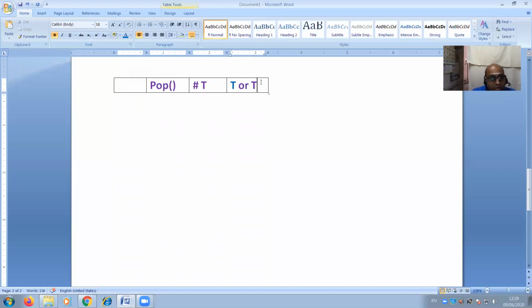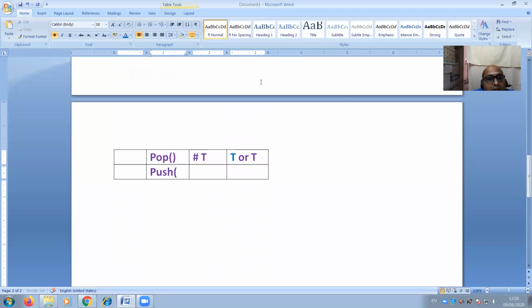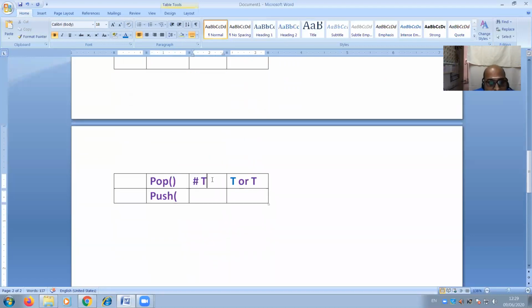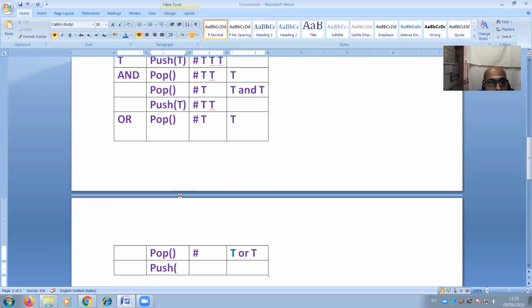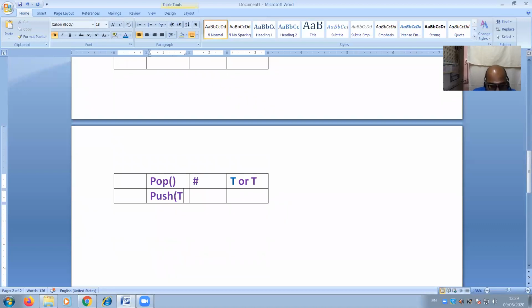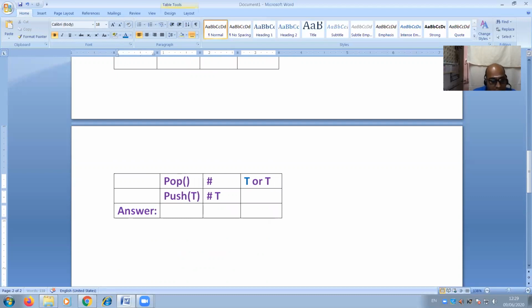So this is how, on evaluating, I will be pushing the result as true. So true will be my final result. So my answer is true. I hope this is clear. Thank you.